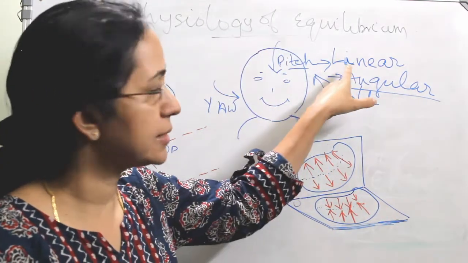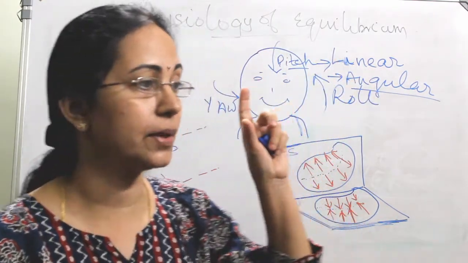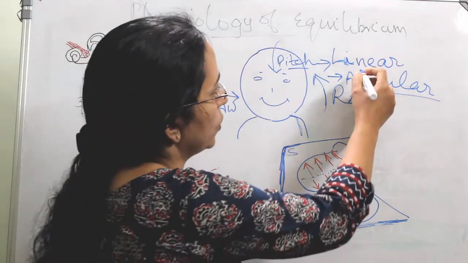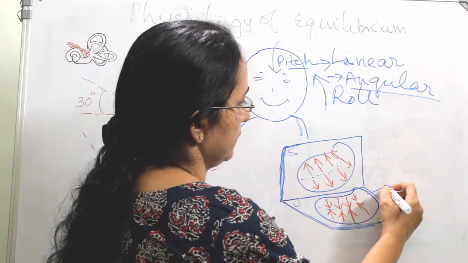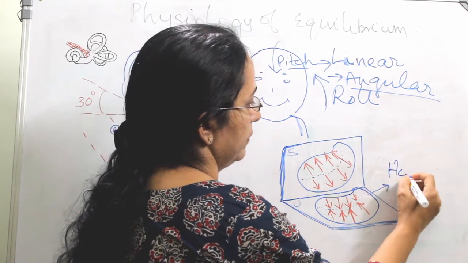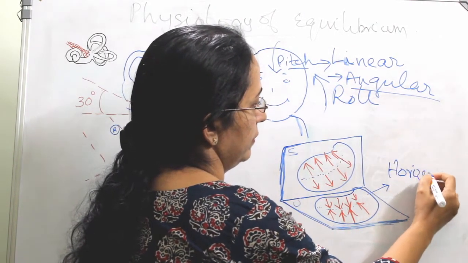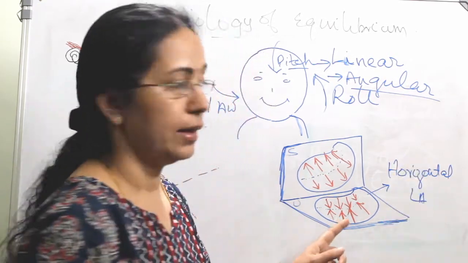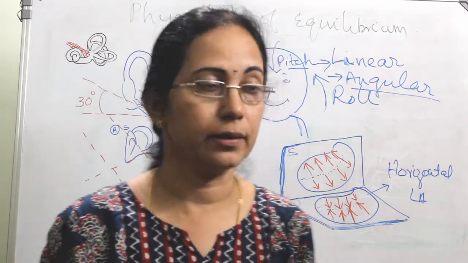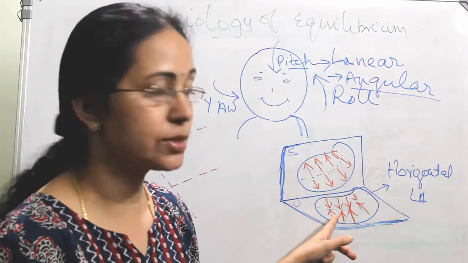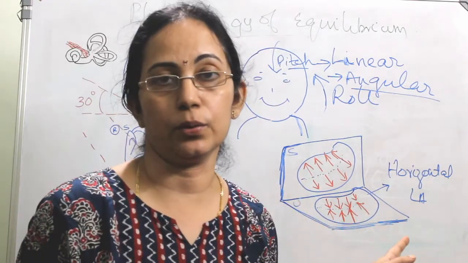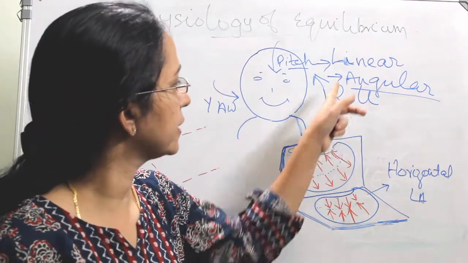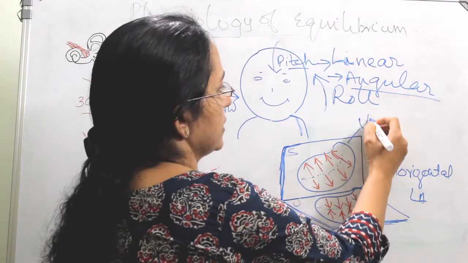So the linear can again be a horizontal or a vertical motion. Horizontal linear acceleration, like moving in a car, is best sensed by the utricular macula. Okay, horizontal linear acceleration and vertical linear acceleration.